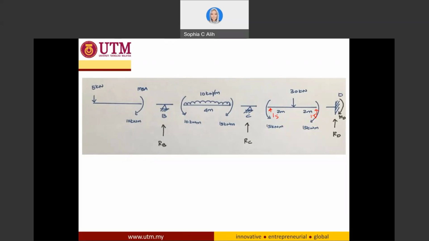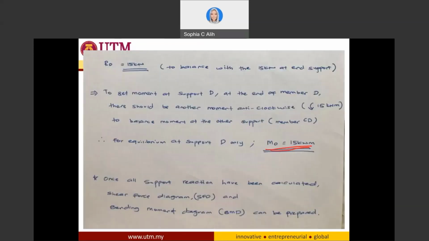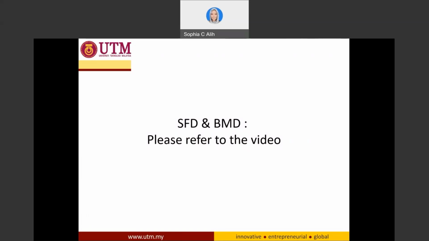The next video that I prepared for you for the shear force and bending moment diagram, you can refer to it. I have explained in detail how you can draw the shear force and bending moment diagram for both methods. Those of you who prefer segment by segment or span by span, you can do this span by span.